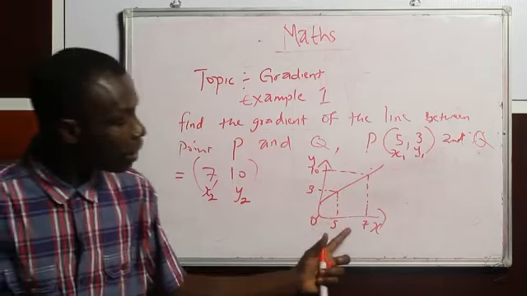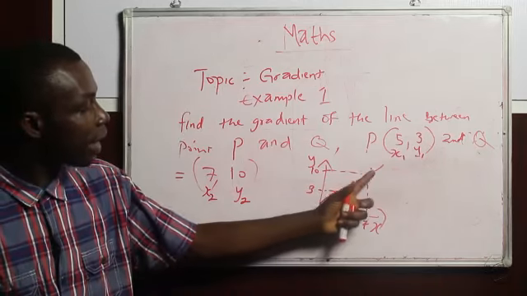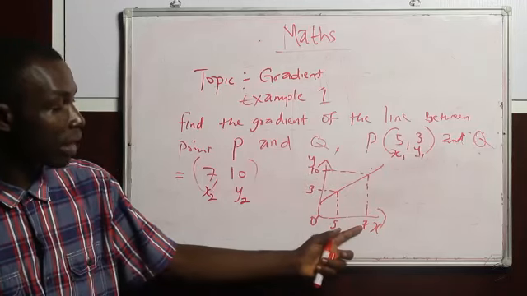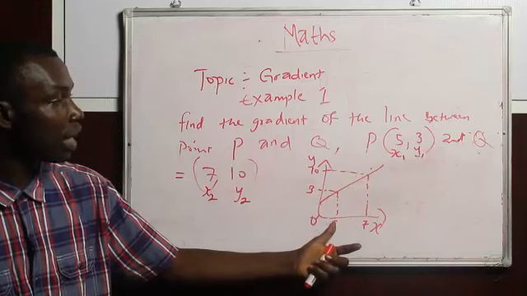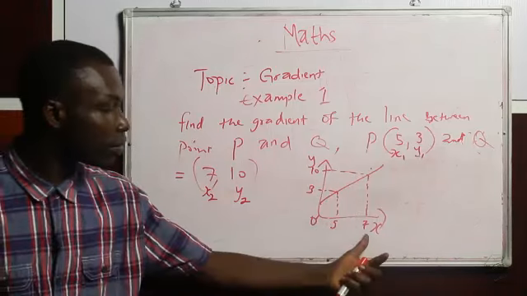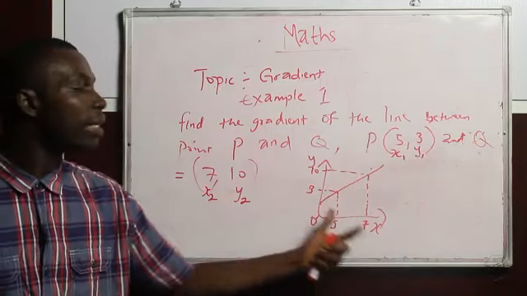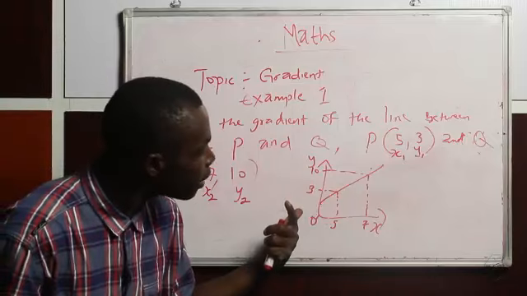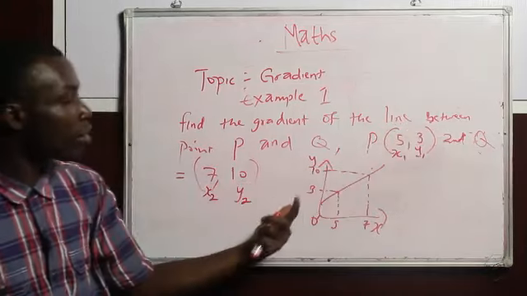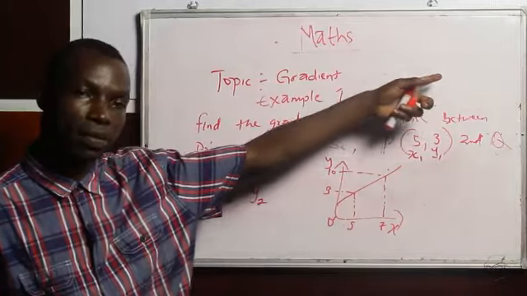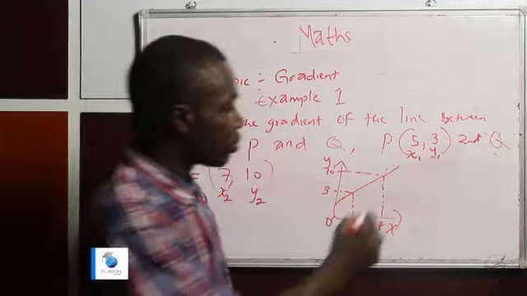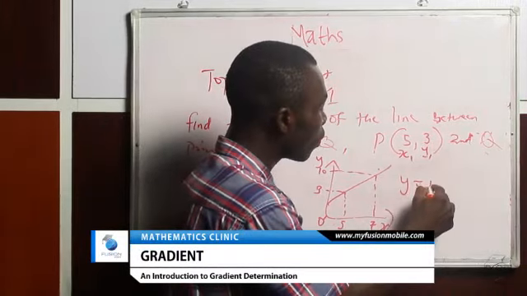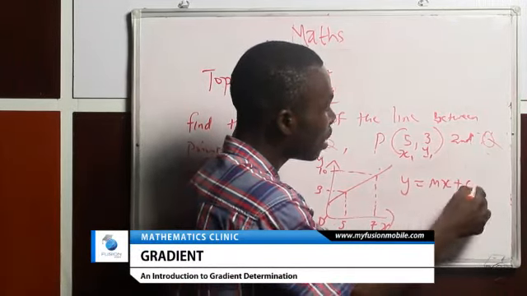Now, this point justifies that it lies between P and Q on this straight line. This is our x1, 5, which is shown here. Our x2, 7, which is shown here. As the variable travels across a graph, it shows a straight line graph that satisfies the equation of a straight line, where you have y equal to mx plus c.